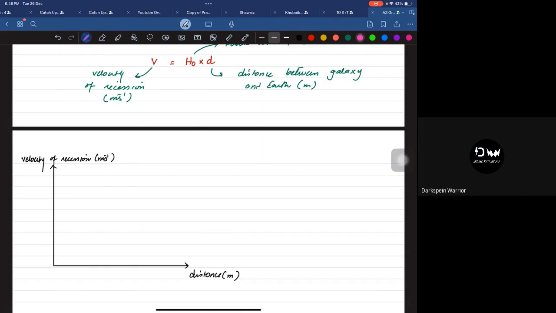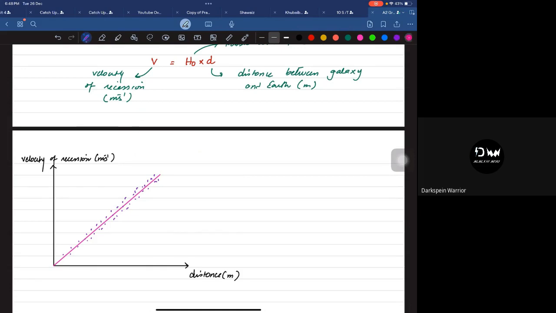Collecting data and measurements from each method allows astronomers to build a larger picture of the scale of the universe, which is the cosmic distance ladder. Yes. So every time you make a discovery about a new galaxy, it is plotted on a graph of speed against distance. And when you make a line of best fit, that gives you basically a graph like that.